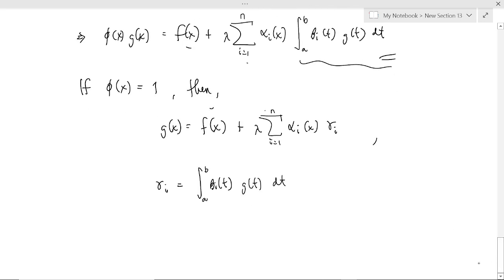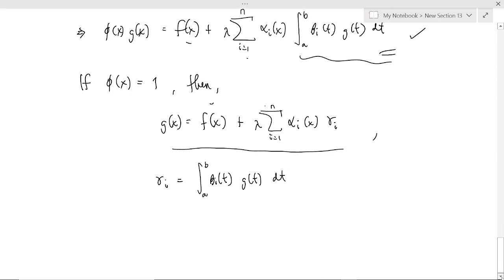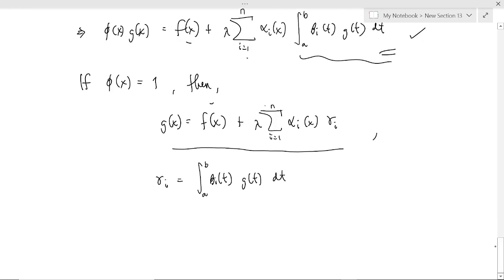Anyway, we can always write this in terms of this equation, but for simplicity, it's also okay to just write it in terms of this one. But we really just have to remember that gamma i is actually the integral part of the Fredholm equation. Now we can solve for gamma i here.